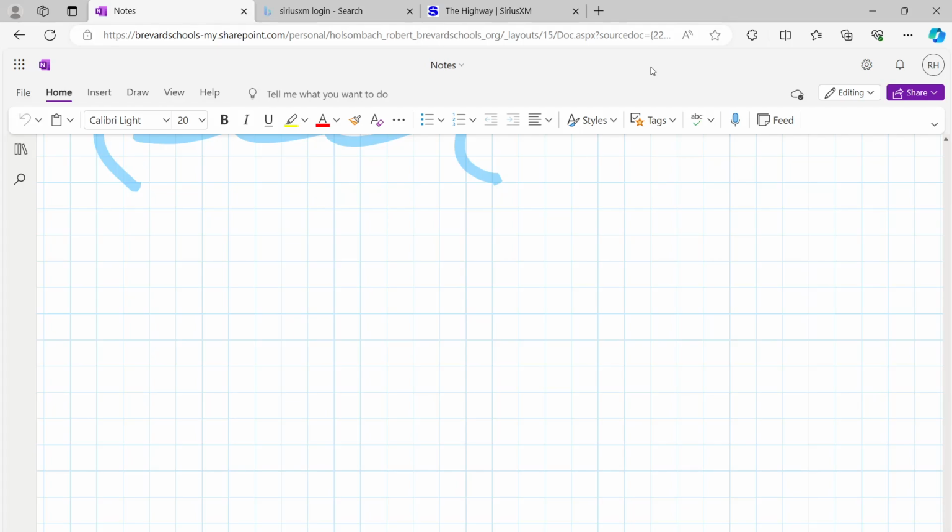All right, on page 732 today, we're going to talk about and work with tangents.